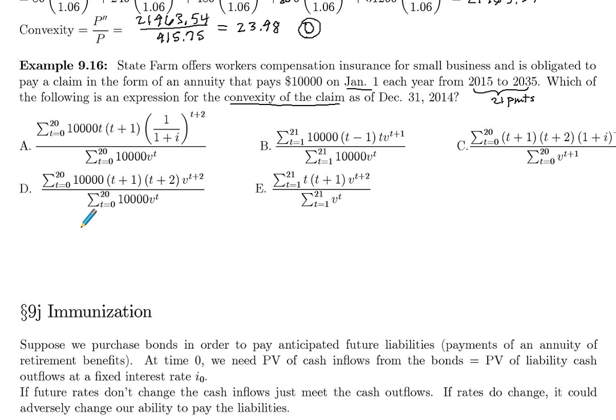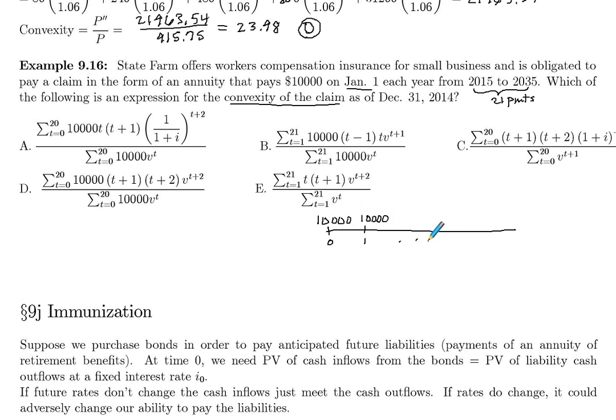Okay, so, well, if we sketch out a timeline for what's going on here, time diagram, time zero, we are looking at the convexity of the claim on December 31st, 2014. Our first payment is on January 1 of 2015. So basically, our first payment is happening at time zero. So we've got a $10,000 payment here. And then we've got another one at time 1.